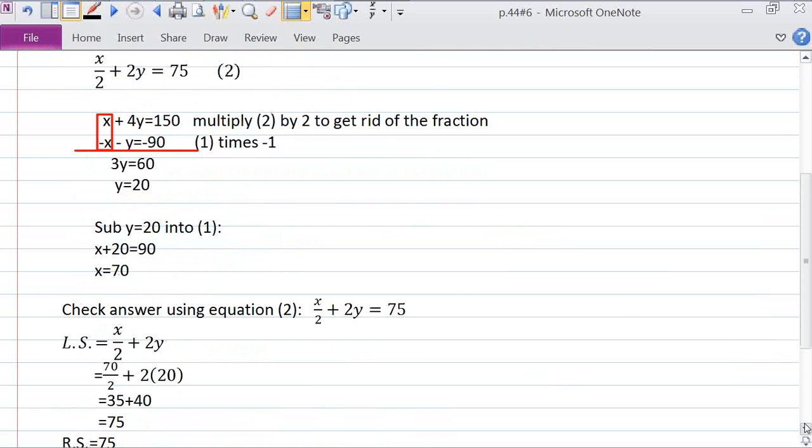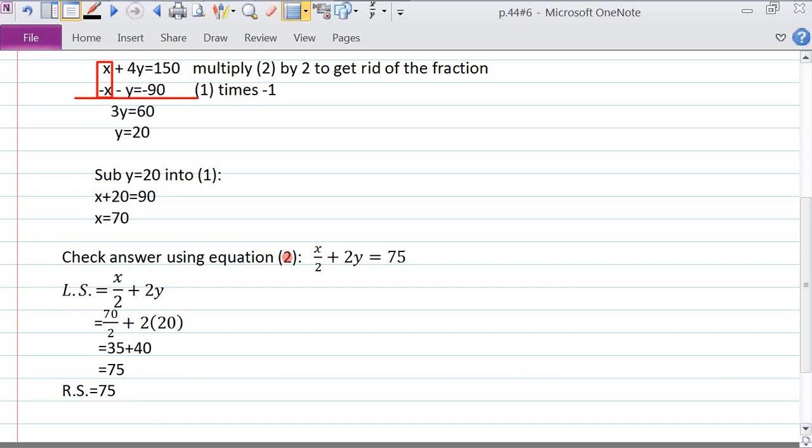Now let's see. We're going to check with equation 2. If 20 and 70 are the correct numbers, then the left side of equation 2 should equal the right side. So here we have x over 2 plus 2y as our left side. We're not going to look at our right side. Just pretend that you don't know this is 75 here. So we've got x over 2.